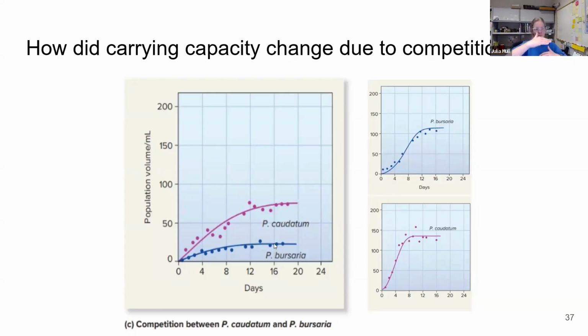So both species were negatively affected by the presence of the other. We cannot maintain the same higher population levels, but they can coexist. And this means that they're using slightly different resources in that environment.